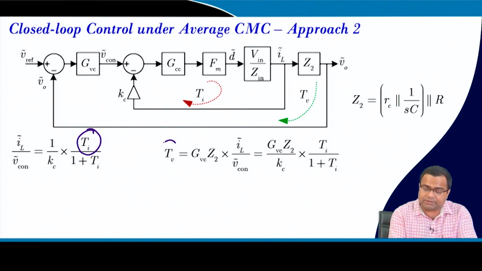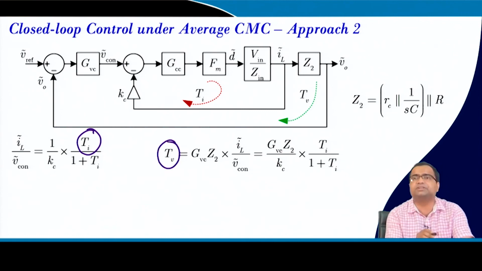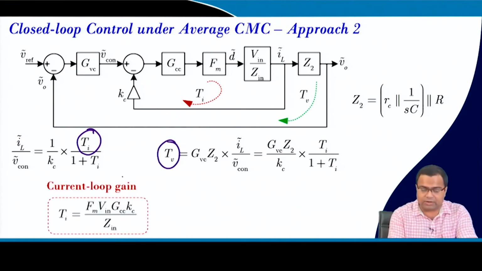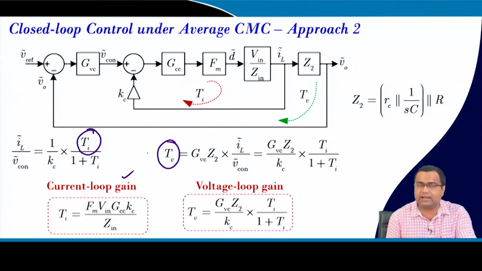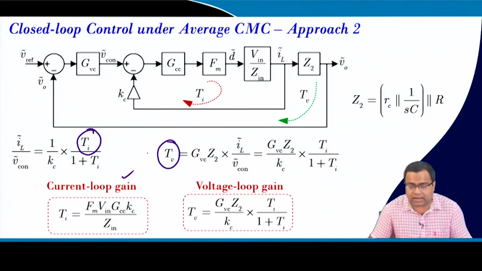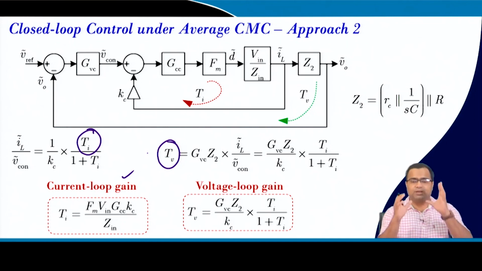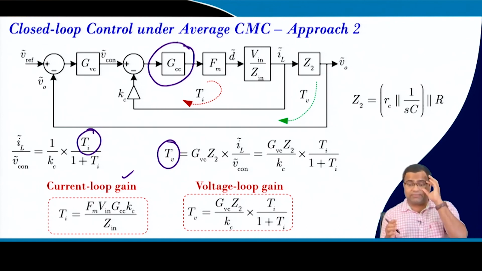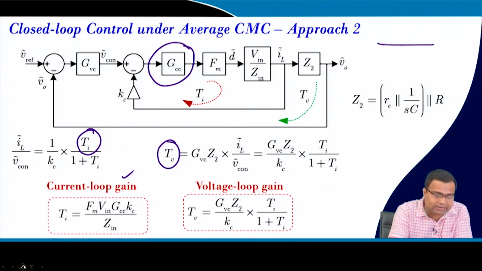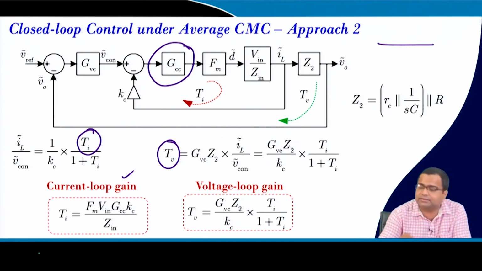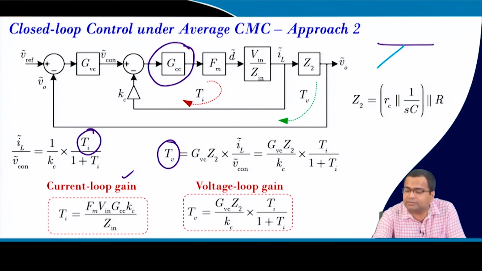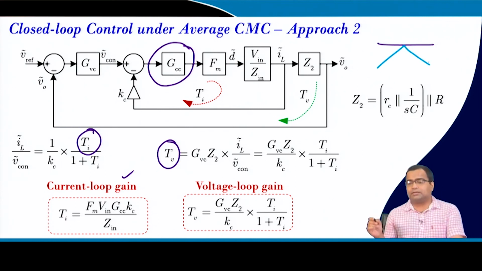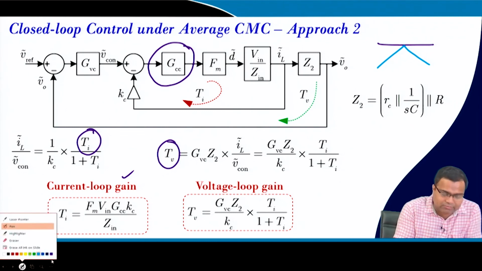We can also derive the voltage loop transfer function from this expression, and this is the current loop transfer function and this the voltage loop gain, and again we have to make sure that the current loop is much faster than the voltage loop. But here the current loop bandwidth will be limited by this controller, because we have discussed, even though we put an actual inductor current rather than sensing inductor current, actually there will be a ramp, right.